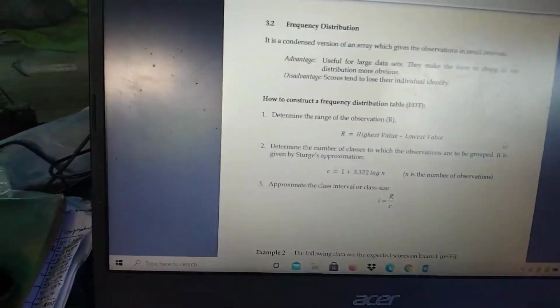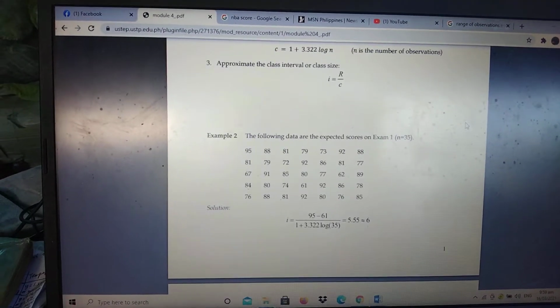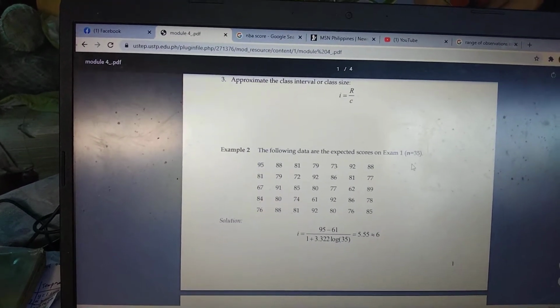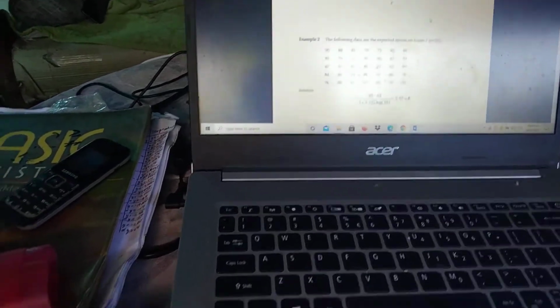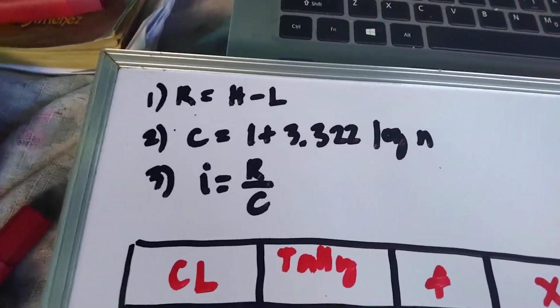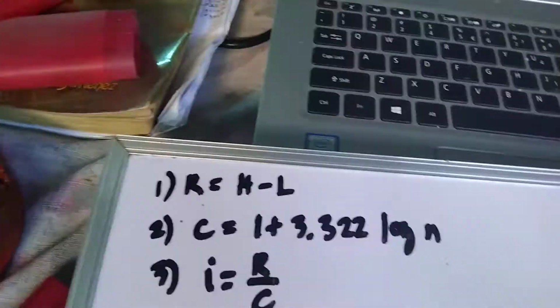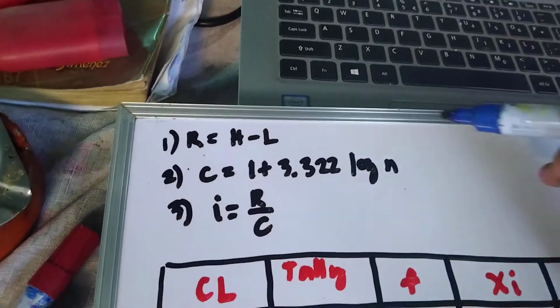So looking at our example in our notes, example 2, you are given the following data, where our n is equal to 35. Our solution. Step 1, find the range. Range is the highest value minus the lowest value.